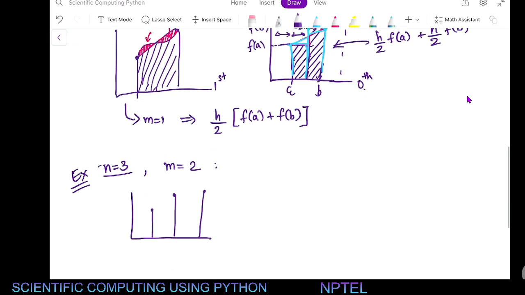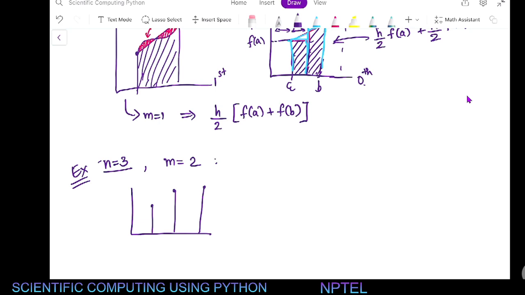Then the question is that our integral is going to be, let's say this is a, this is b. So what will this be? It will be a plus b by 2 because we are considering equal separations. So it's going to be a linear combination of f of a, f of a plus b by 2, plus f of b, and times the h.